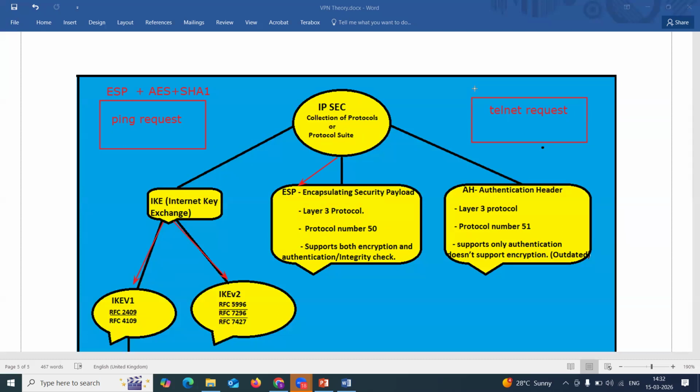So AH will be used, but AH supports only hash, or you can say authentication. It does not support encryption. Clearly, I have mentioned, this is also a layer 3 protocol. Protocol number is 51, 50, 51. Like this, you have to remember. AH supports only authentication. It does not support encryption.